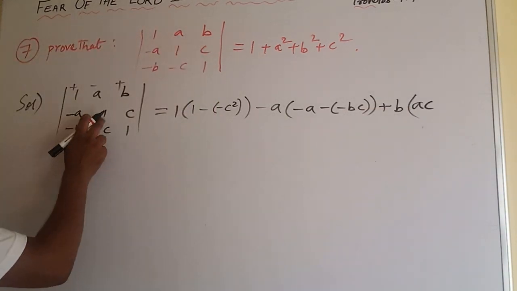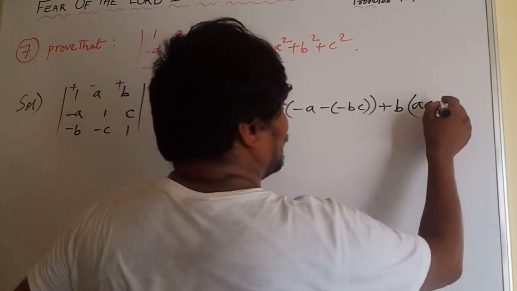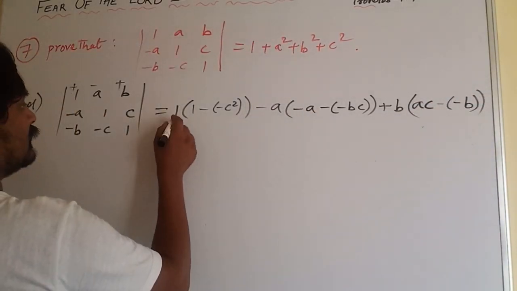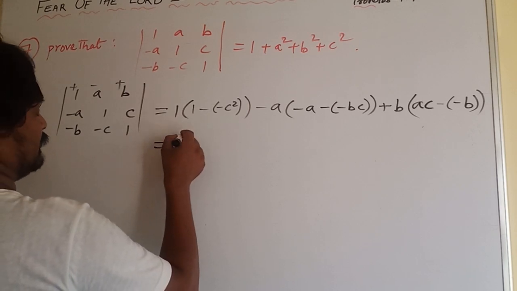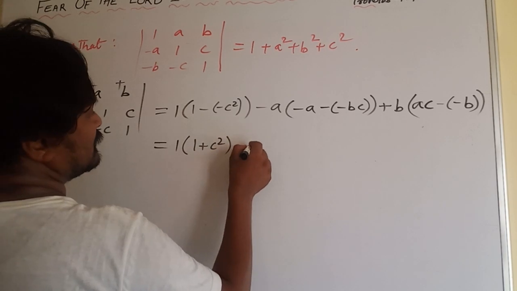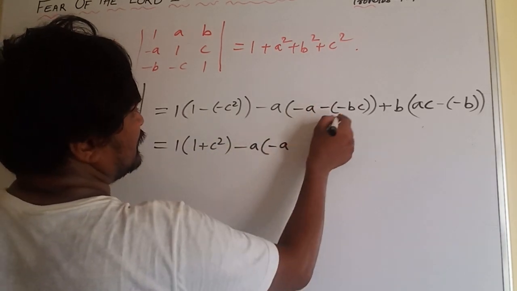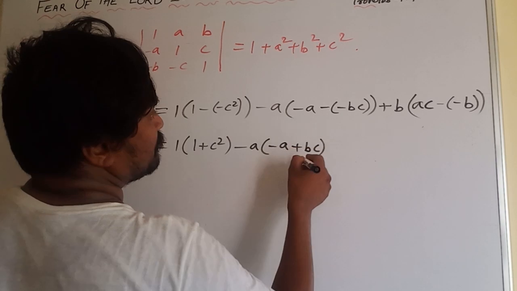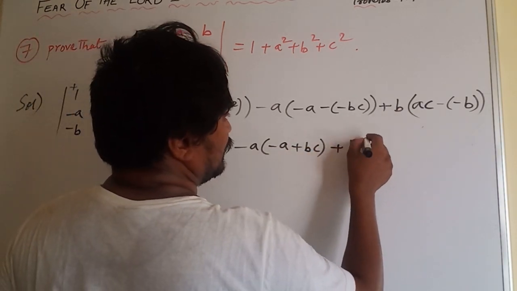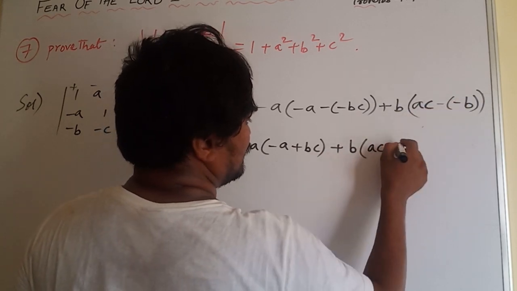Next, minus b into 1 minus b, so minus symbol then minus b. So let me simplify. 1 into 1, first 1, minus into minus plus c square, minus a minus into minus plus bc, plus b into ac, minus into minus plus b.